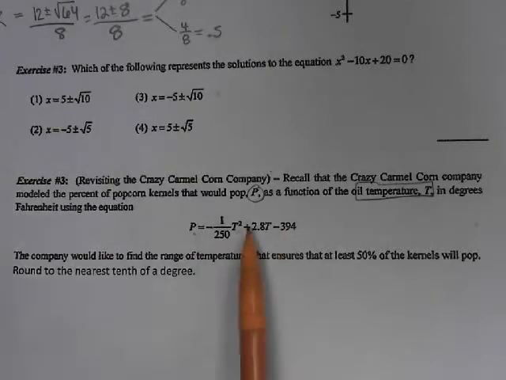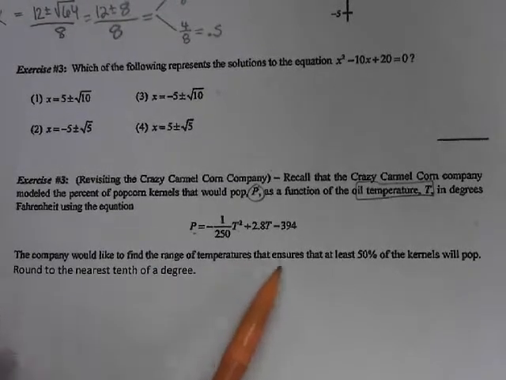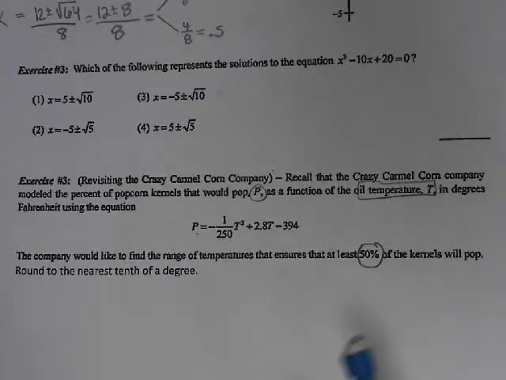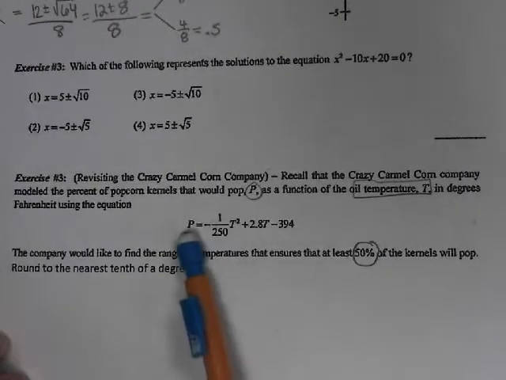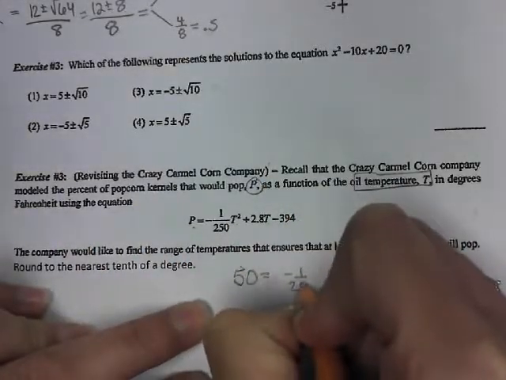So based on the temperature that it's cooked at, a different percentage of popcorn is popped. Sometimes there's way too many kernels left, and sometimes there's no kernels left, but it's burned. So the company wants to find the range of temperatures that ensures at least 50% will pop. So if they're giving us the percentage, they're giving us P is 50. So we would say 50 as our percentage.